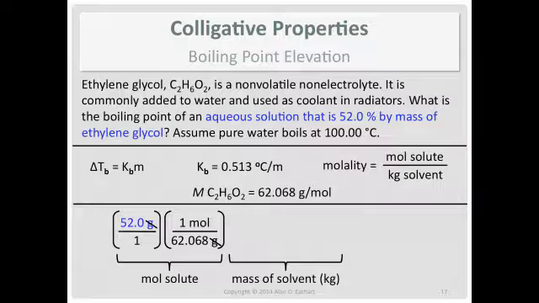So now for the mass of the solvent, if we choose 100 grams and 52 grams becomes the mass of the solute, 48 grams has to be the mass of the solvent. We do need that in kilograms.